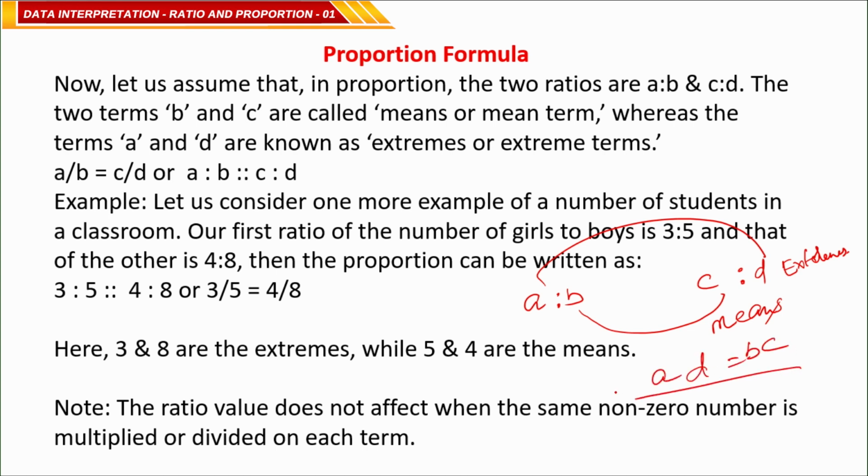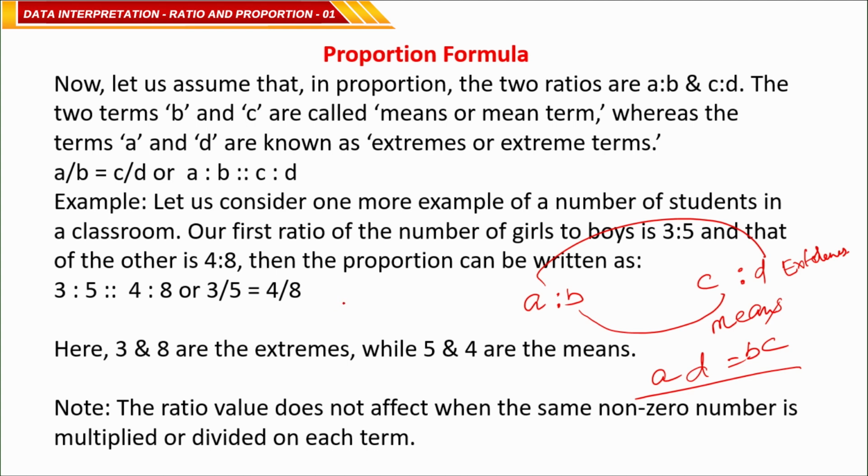If the product of means is equal to the product of extremes, then we can say that the two ratios are in proportion. For example, in a classroom, the ratio of the number of girls to boys is 3:5 and the other is 4:8. We can write it as 3:5 is as 4:8.